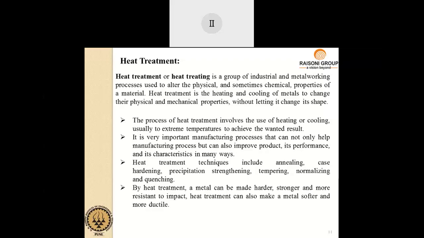And it is characterized in many ways. Heat treatment techniques include annealing, case hardening, precipitation strengthening, tempering, normalizing, quenching. By heat treatment, a metal can be made harder or stronger and more resistant to impact. Heat treatment can also make a metal softer and more ductile.